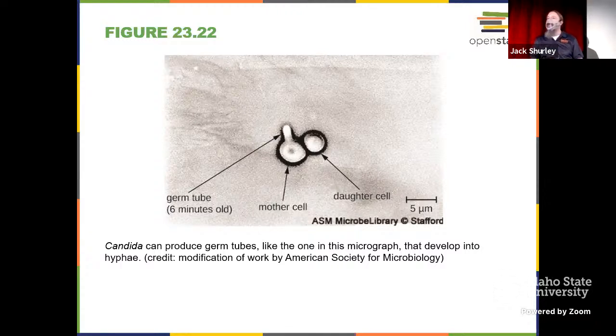Oftentimes, when we think about Candida infections, it's a result of your normal flora having some sort of imbalance, some sort of alteration to what's already going on that sets the stage for these yeast cells to proliferate, to really take over. So you have some yeast cells as normal flora. You expect that you should see a little of that. In a healthy circumstance, seeing a little is not that big of a deal.